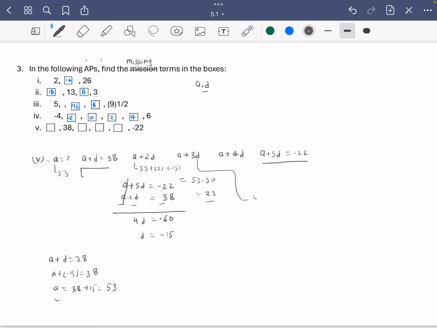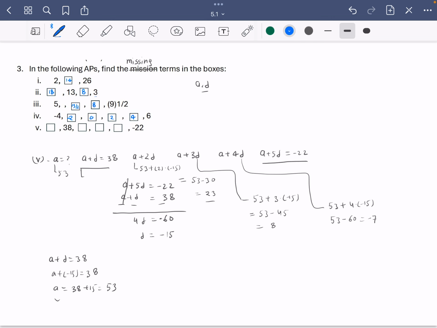A is 53 plus 3 times negative 15. So 53 minus 45 is going to be 8. And then this one, a plus 4d. 53 plus 4 times negative 15, 53 minus 60 is going to be negative 7.